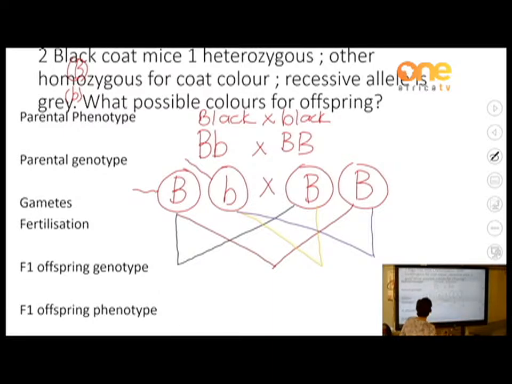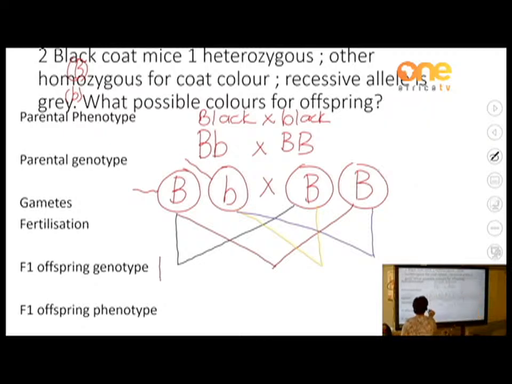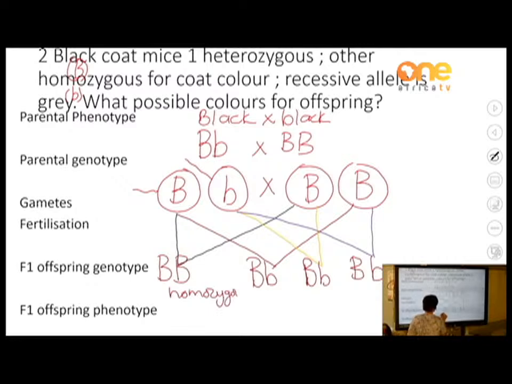So, we can have the genotypes will be B, capital B, small b, or that one, capital B, small b. So, the genotype will be, there's a homozygous black, and there will be one.